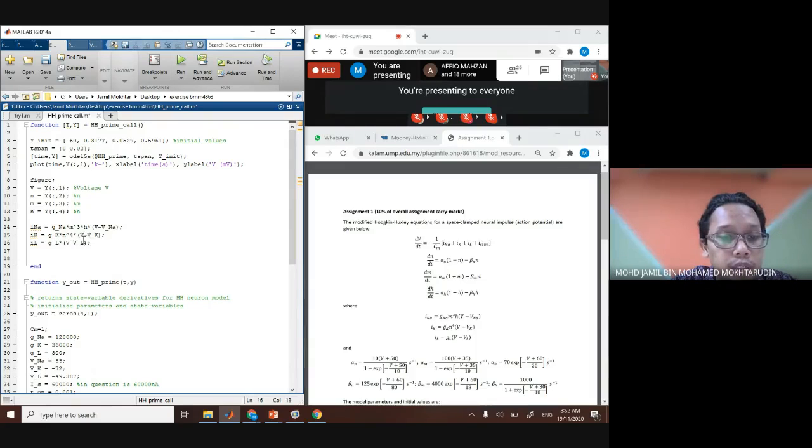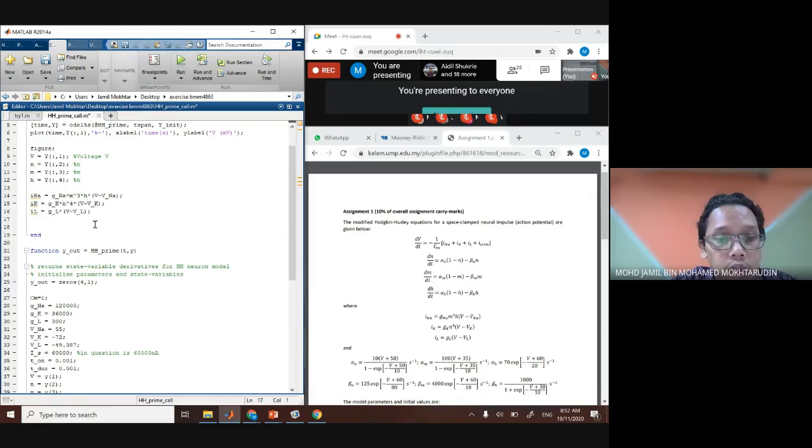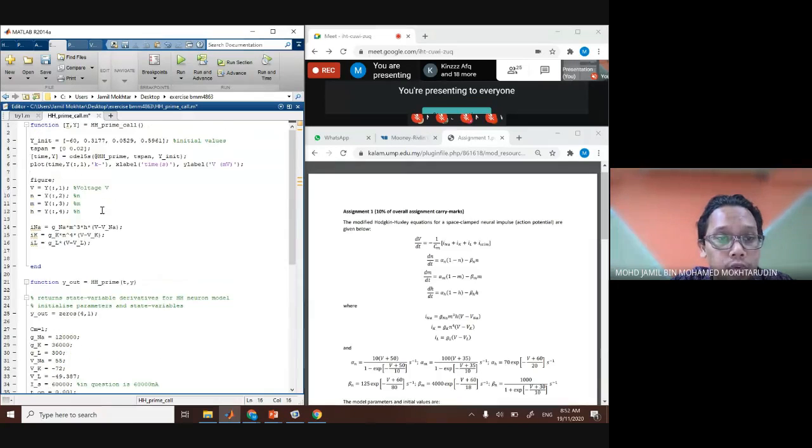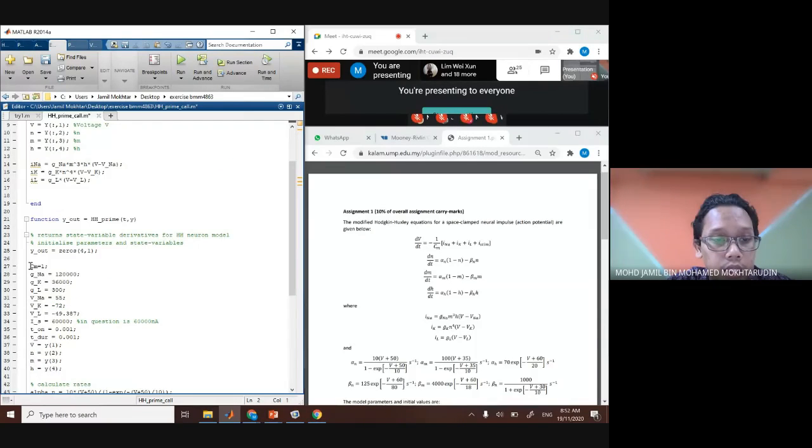Okay, so when you write the currents, you have the other parameters like G sodium, G potassium, Gl, V sodium, V potassium, and Vl. So if you look at your function here, you don't have the parameters, but the parameters are located in the second function here.